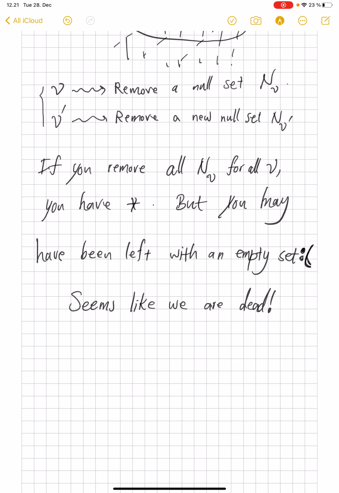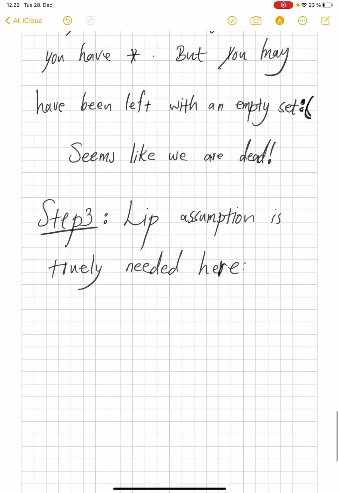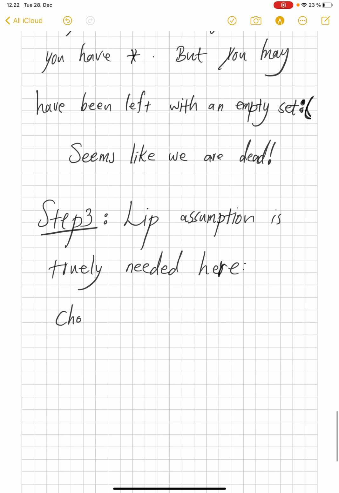Okay, so what is the savior here? The savior here is, of course, that our function is Lipschitz. So the Lipschitz assumption is truly needed here. So how? First, there are several observations.